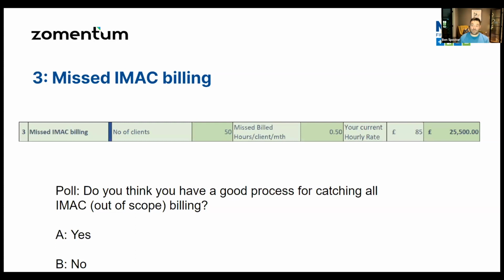But as well as catching the IMACs, there are other good things that you might catch. It's a good opportunity to see whether the ticket title is password reset, and actually someone spent 13 hours on a password reset or something. So you've got those scenarios you're going to catch, but then you've also got these IMACs that otherwise would just slip through. And if I caught those, I'd change them.